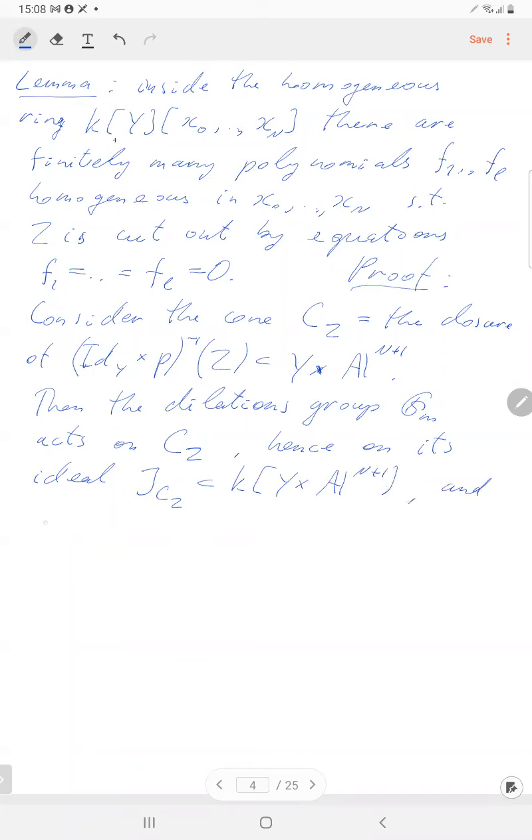And hence JCZ admits an eigenbasis with respect to this action.